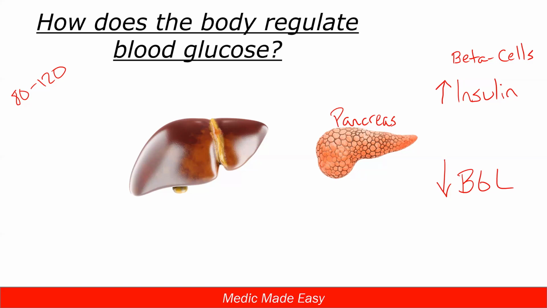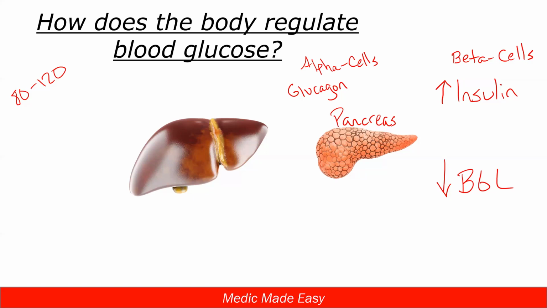But also what we have is another substance that the pancreas makes called glucagon. Glucagon is also made by the pancreas, just like insulin is made by the pancreas, although glucagon is made by alpha cells. So we have alpha cells and beta cells inside the pancreas.